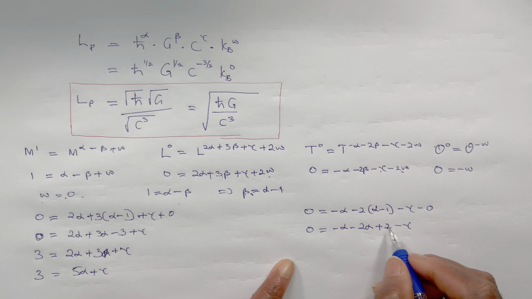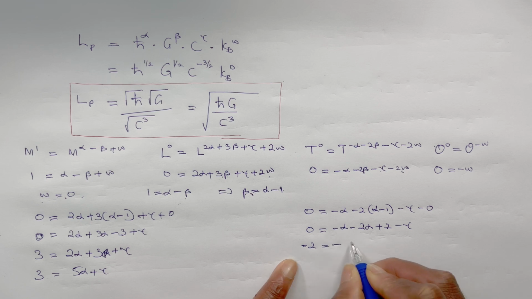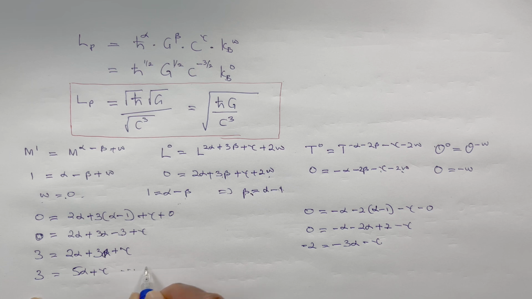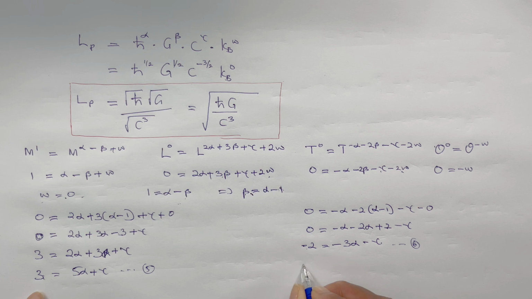So what we can do is minus 2 equals minus 3 alpha minus gamma. So we have equation 5 again, and equation 6. We need to add them together. I said it's a simultaneous equation. So 3 plus minus 2 is 1, equal to 5 minus 3 is 2 alpha, and therefore alpha equals a half.